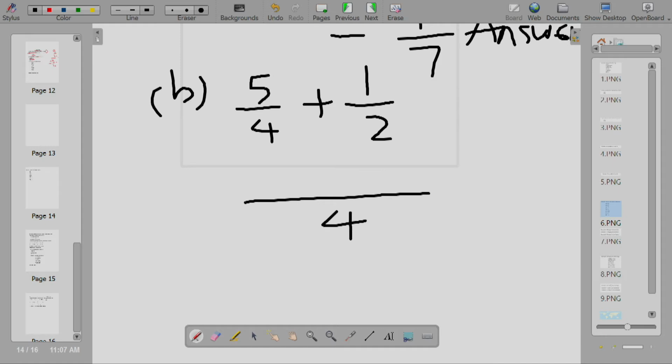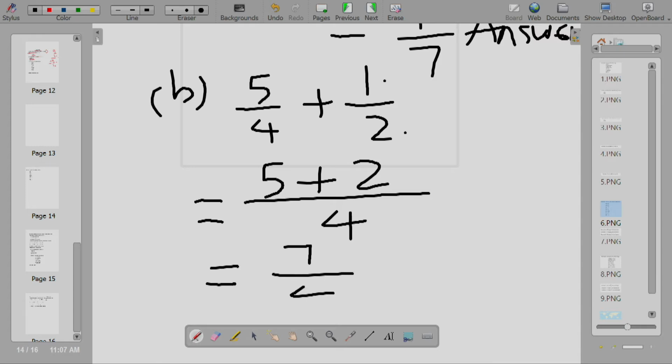So 4 divided by 4 equals 1, 1 times 5 equals 5, plus 4 divided by 2 equals 2, 2 times 1 equals 2. So it will be equal to 5 plus 2 equals 7, over 4. So the answer will be 7 over 4. If you add 5 over 4 and 1 over 2, the answer will be equal to 7 over 4.